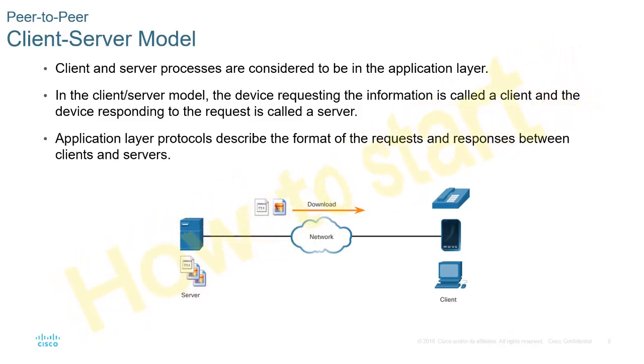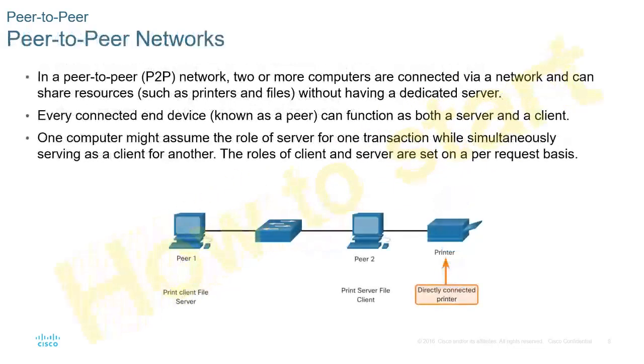In contrast, we have a peer-to-peer network. In peer-to-peer networks, everything is both client and server. Each device will serve whatever resources they have. Each peer can also request resources as they're serving the resources that they have.